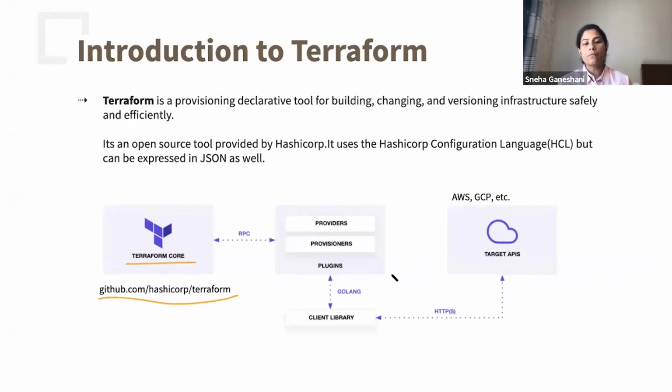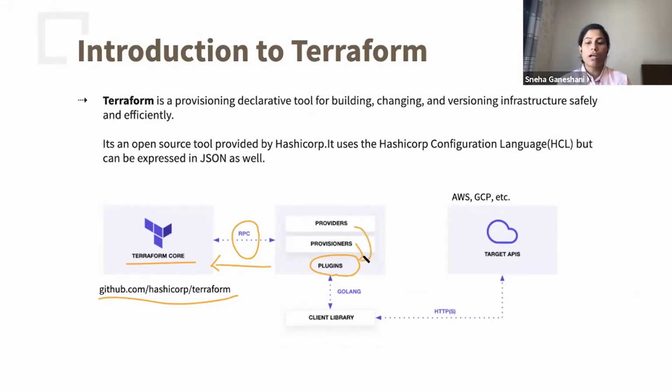Then comes plugins. What are these Terraform plugins? Terraform plugins are also binaries which are written in Go, and these are invoked by Terraform core through a remote procedural call. Terraform plugins are further divided into two parts. First is the provisioners and second is the providers.